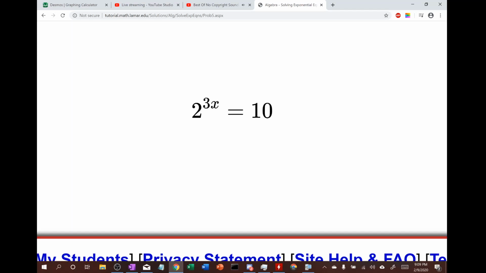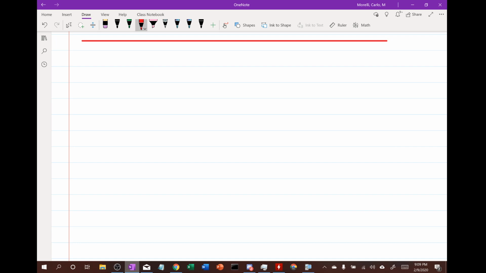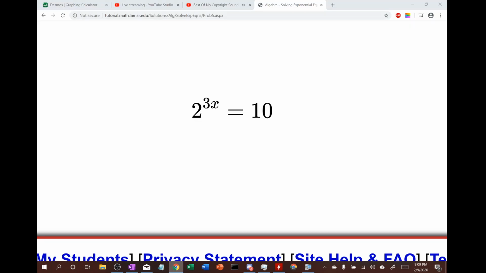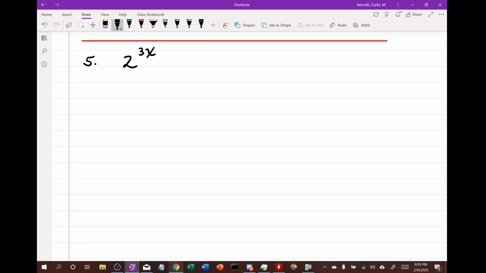2 raised to the power of 3x equals 10. So this is number 5. 2 raised to the power of 3x equals 10. Okay, and we should say 10 raised to the power of 1.